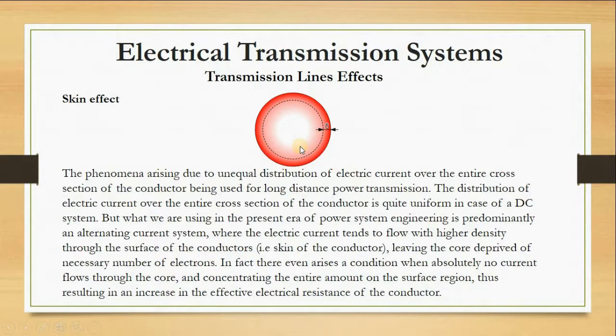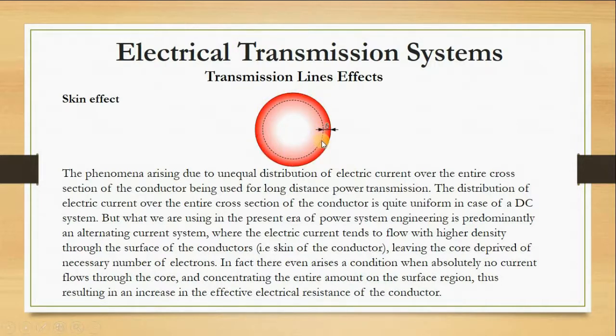So assuming you have water to flow through a particular pipeline, and then all of a sudden something blocks the water from flowing through all the cross section here, the internal cross section, as the dotted lines have been used, and now the same water has to go through the pipeline using only the skin.